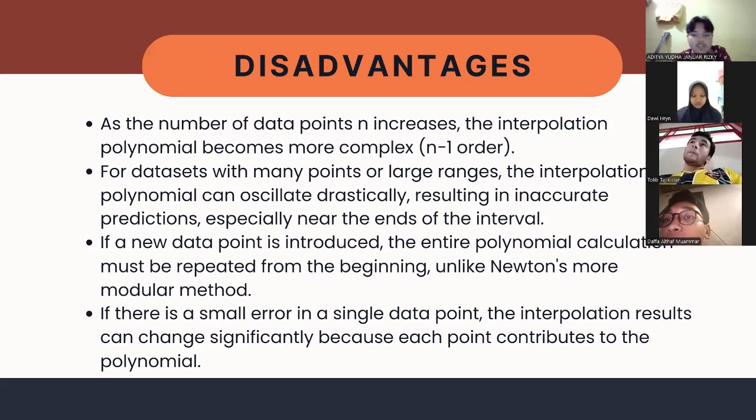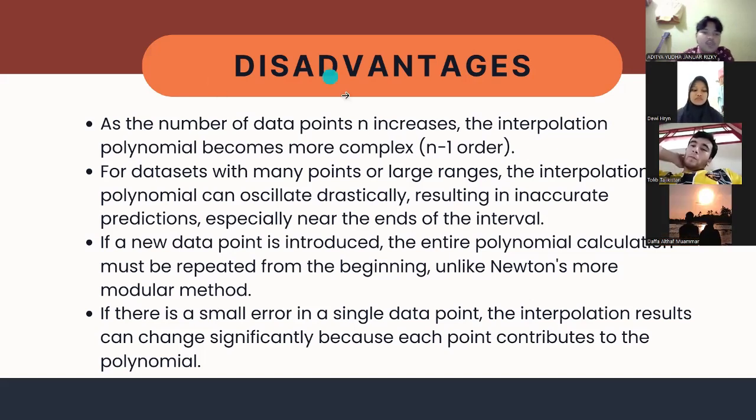If a new data point is introduced, the entire polynomial calculation must be repeated from the beginning, unlike Newton's method, which is a more modular method. And if there is a small error in a single data point, the interpolation results can change significantly because each point contributes to the polynomial.